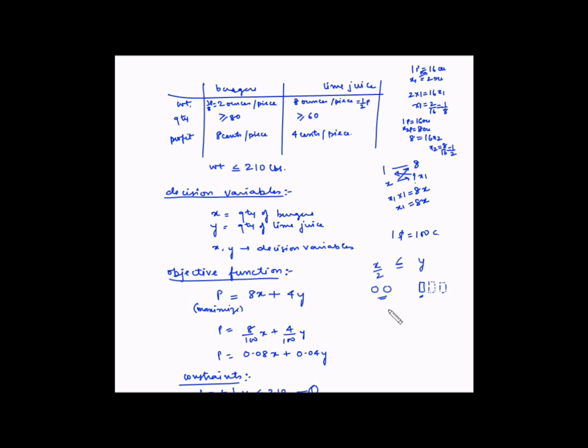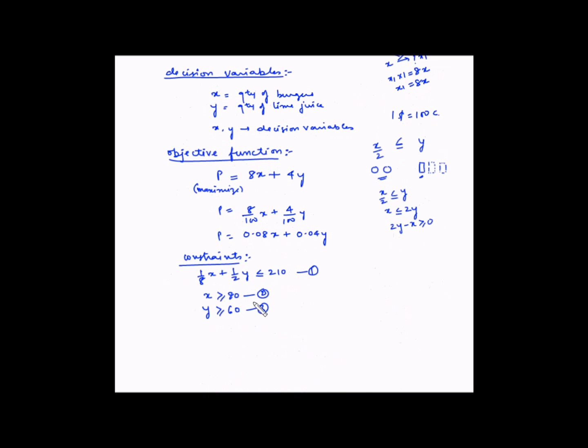So that becomes our fourth constraint, that is x by 2 is less than or equal to y, or in other terms x is less than or equal to 2y, or 2y minus x is greater than or equal to 0. So this becomes our fourth constraint, 2y minus x is greater than or equal to 0.